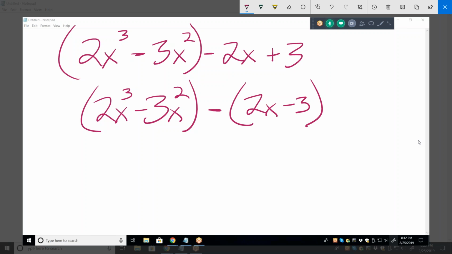Notice how this second row is identical to the first row. Correct? You remove the parentheses and distribute this negative sign, you get minus 2x plus 3.